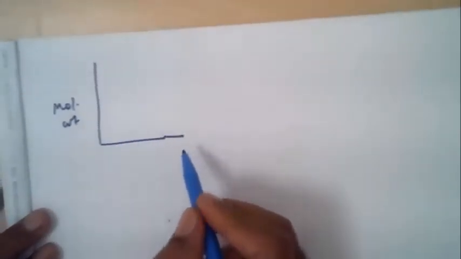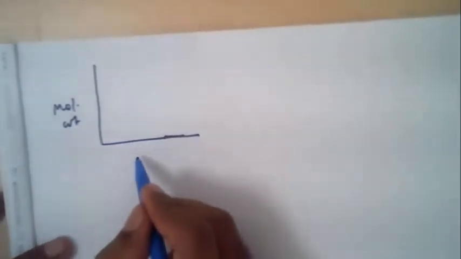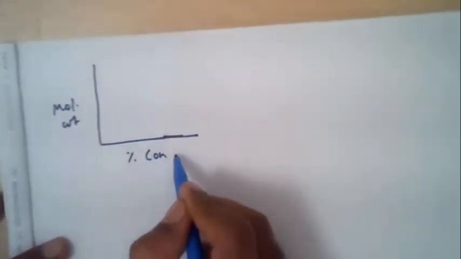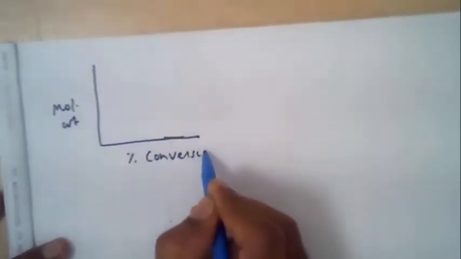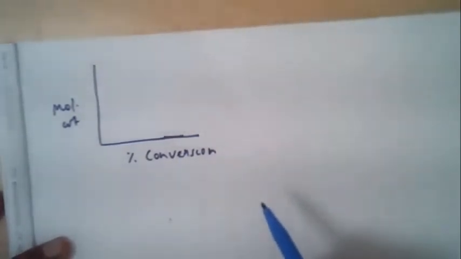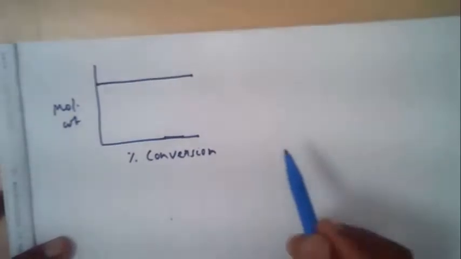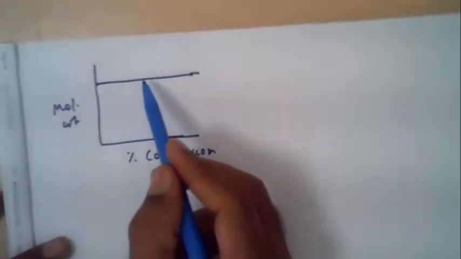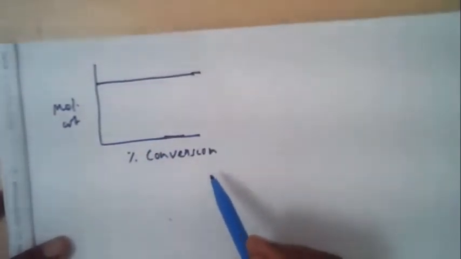So for example, if you plot molecular weight versus percentage conversion of the polymer, then this free radical polymerization happens almost independent of percentage conversion.